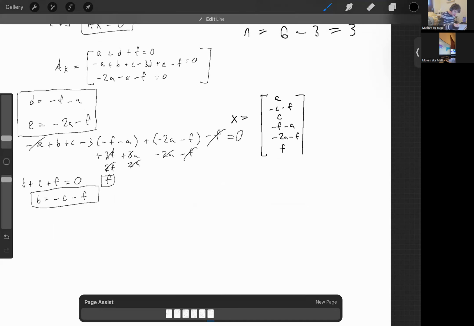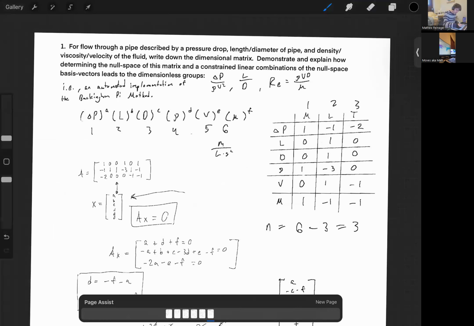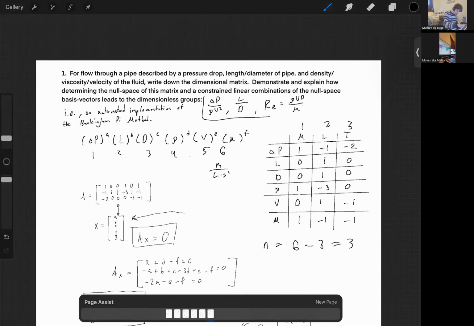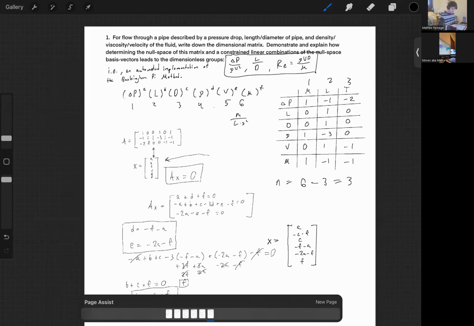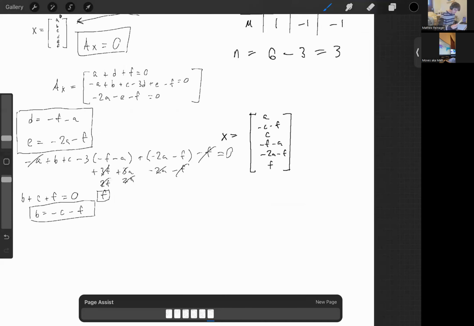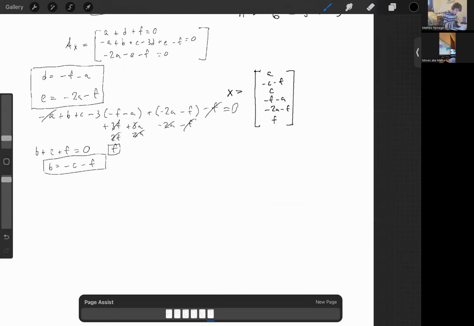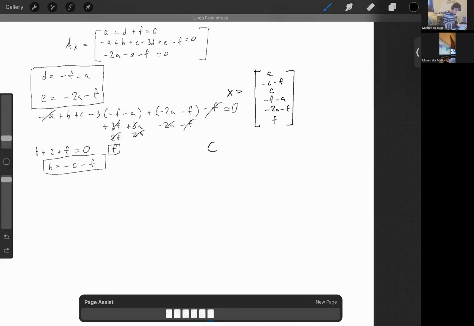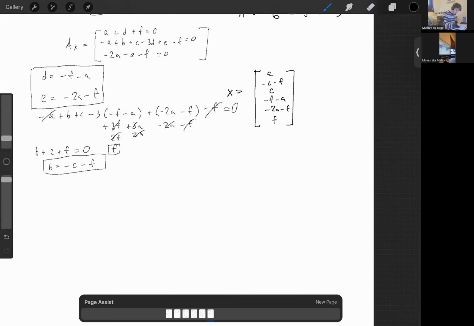And now what we can do is begin subbing in values. I'm going to try to find all these dimensionless properties up here. So let's start simple. Let's sub in C equals 1.